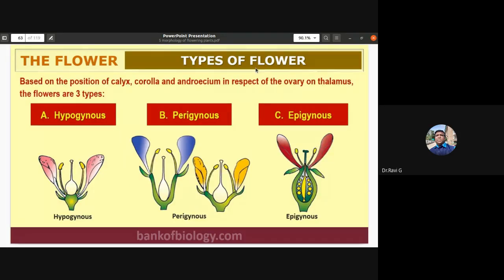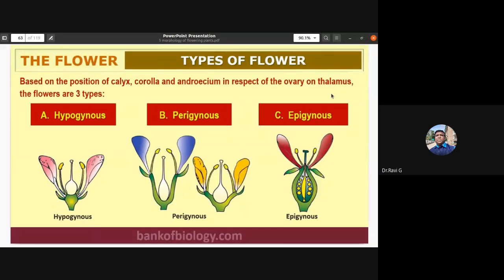Now the flowers, based on the position of calyx, corolla, and androecium with respect to the ovary on the thalamus, are of three types: hypogynous flower, perigynous flower, and epigynous flower.